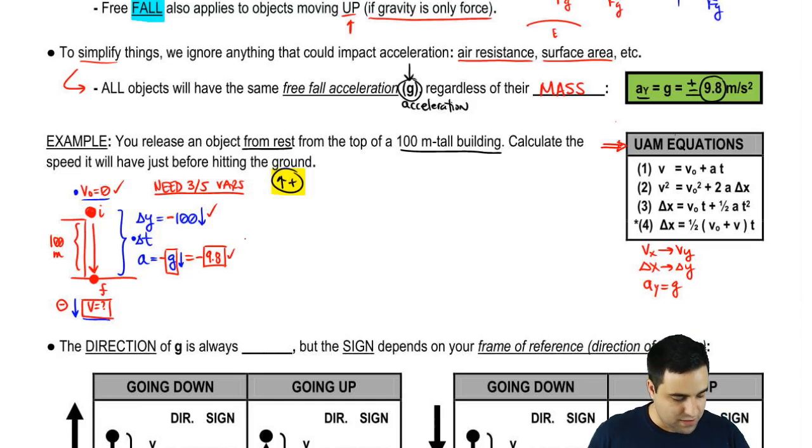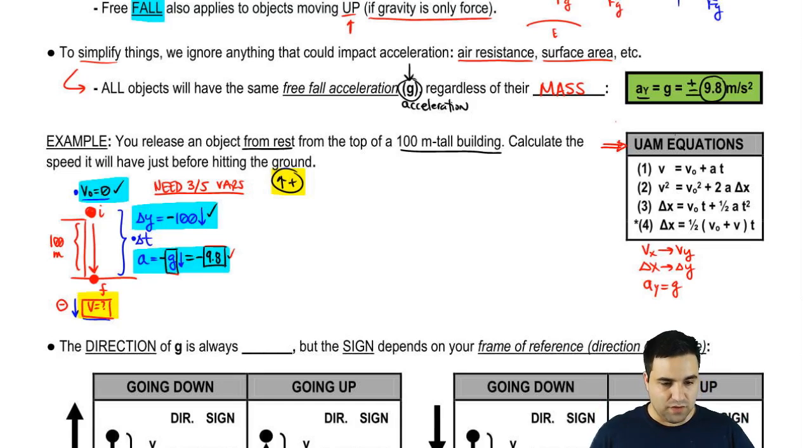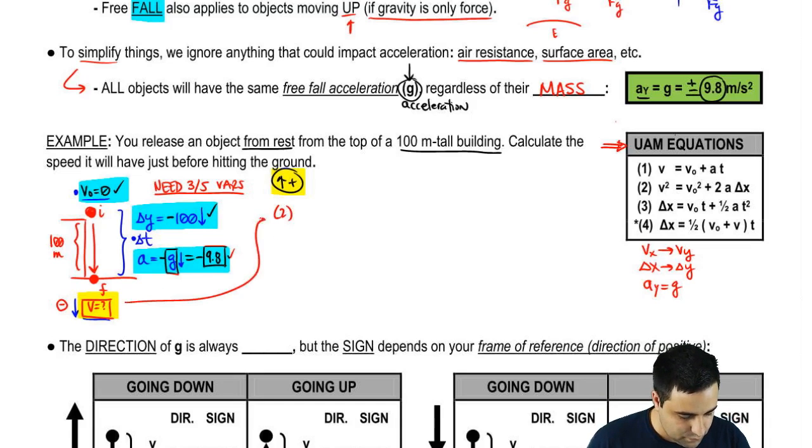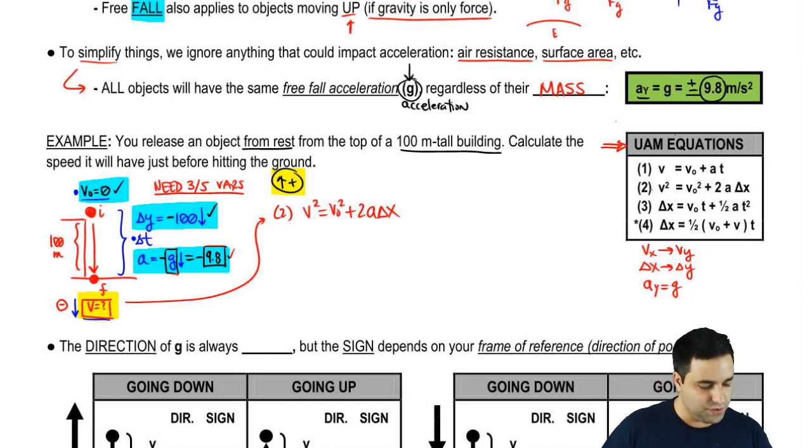Okay, so I know 3 things. Here's all the stuff I know, 1, 2, 3. And I'm looking for V, so I can solve for V using one of our equations. The second equation works, and it's V squared equals V initial squared plus 2A delta X. This is the way that you were used to using the equation, but we're going to make some changes.